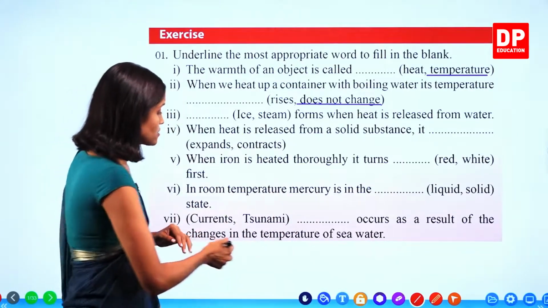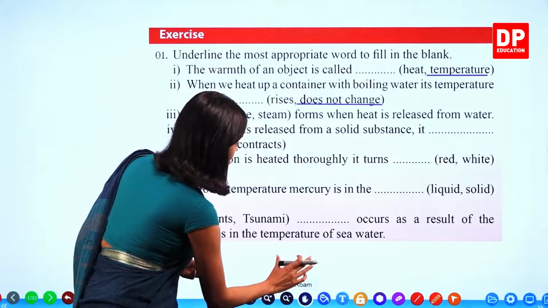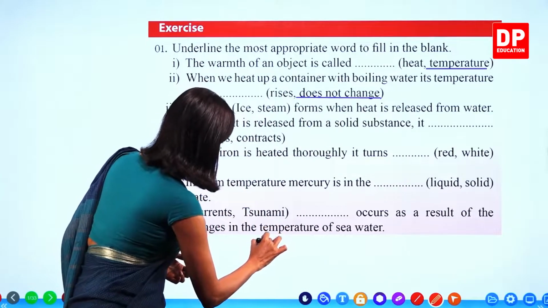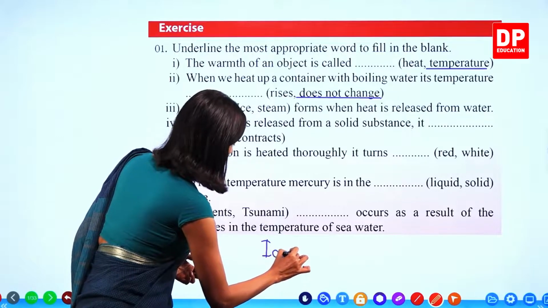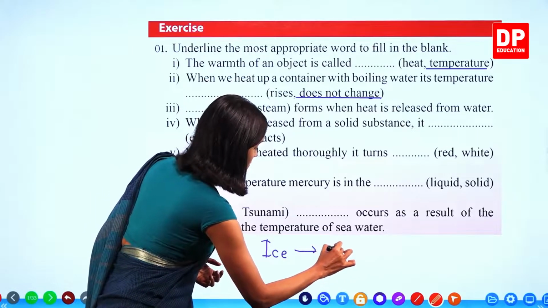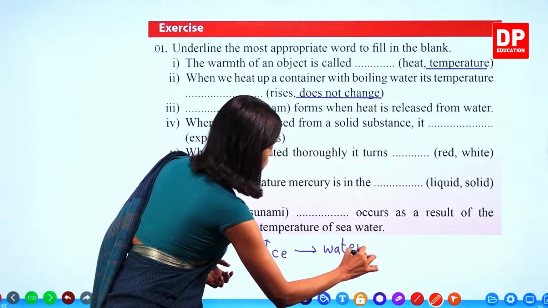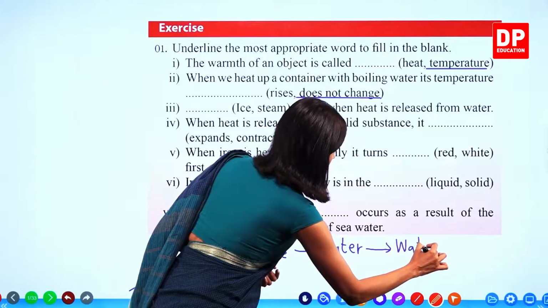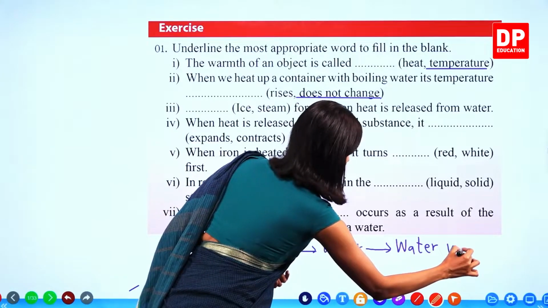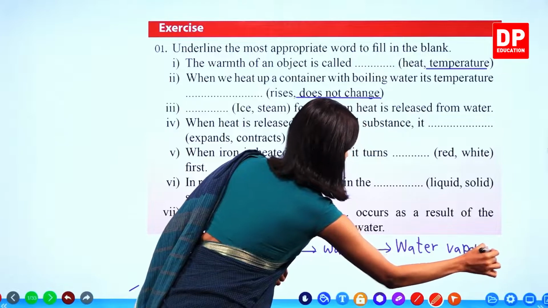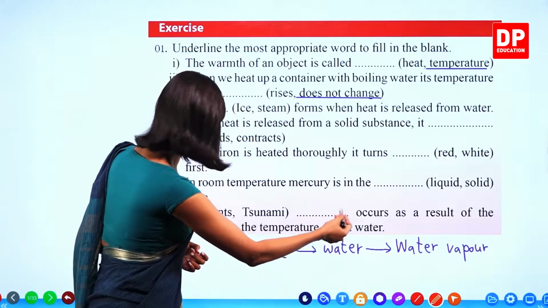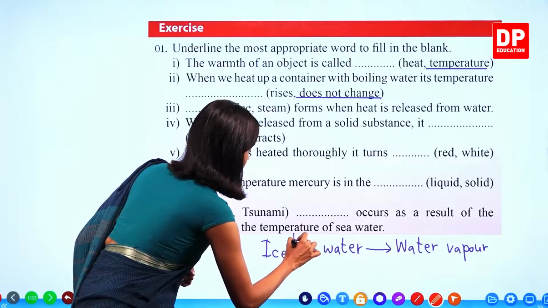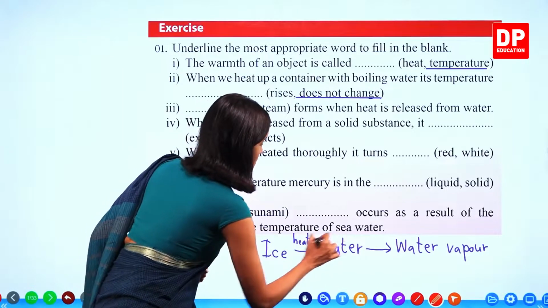Okay, children. So we can show this this way. We'll consider water. Ice turns into water and water turns into water vapor. Right? Ice turns into water, water turns into water vapor. This happens by heating.